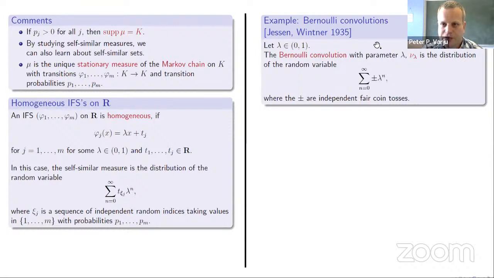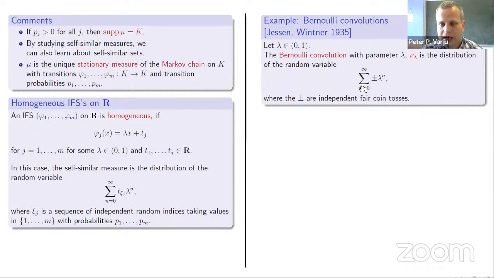And there is a further example, which are called Bernoulli convolutions. These appeared in the work of Jessen and Wintner in 1935 for the first time. So this is a family of self-similar measures. There is one for each value of the parameter lambda between 0 and 1.